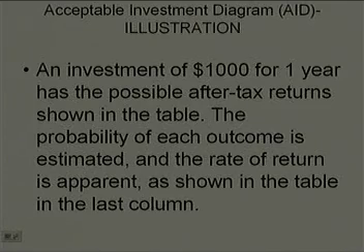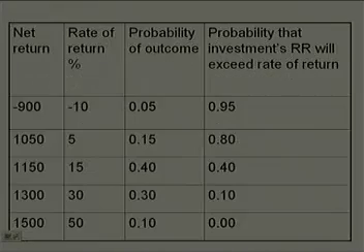Now, if you go to the table in which returns are given, it is like this. The net return of 900 has a probability of 0.05. Now, when you are talking of a return of 900, that means there is a negative return.